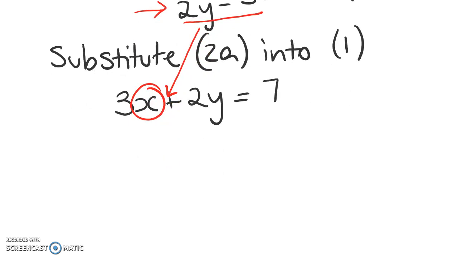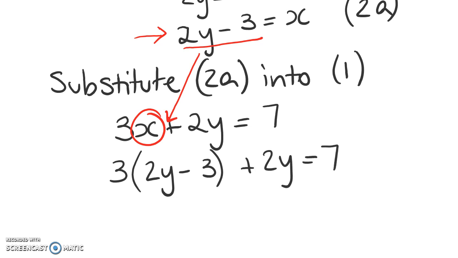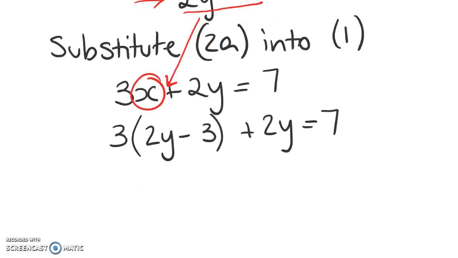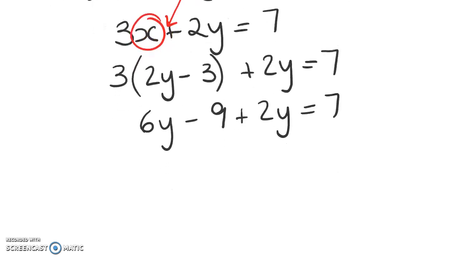That means we've got 3 outside of (2y - 3) + 2y = 7. We'll expand those brackets out and multiply by the 3. We have 6y - 9 + 2y = 7. Let's put those y's together. We have 6y + 2y, that's 8y.